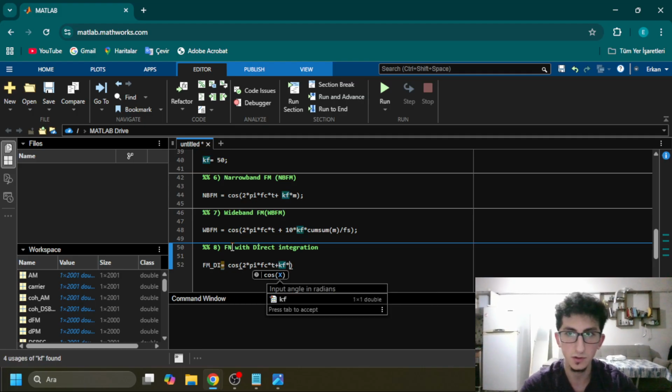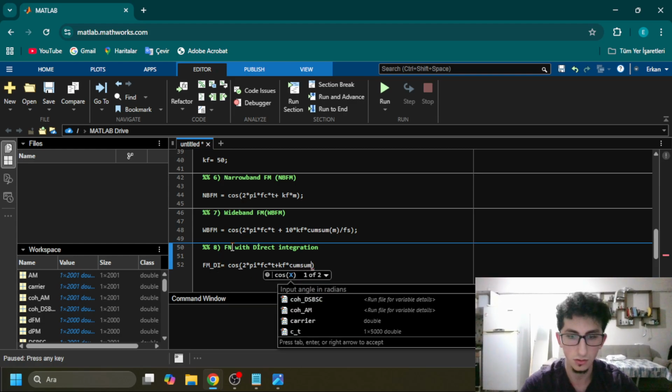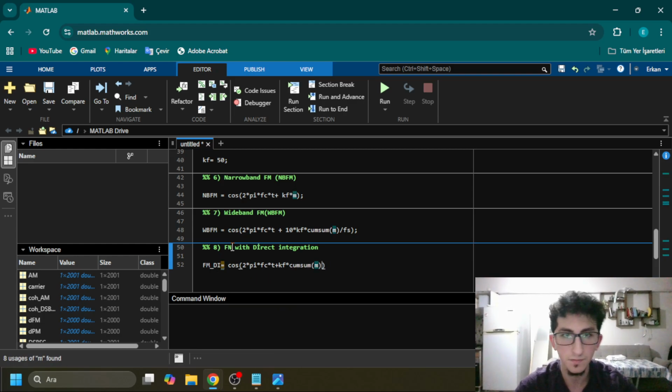kf times, and it's equal to this. And in this code, as you can see, we have different words in here, and we represented the integral in this code, so we can write it like that.